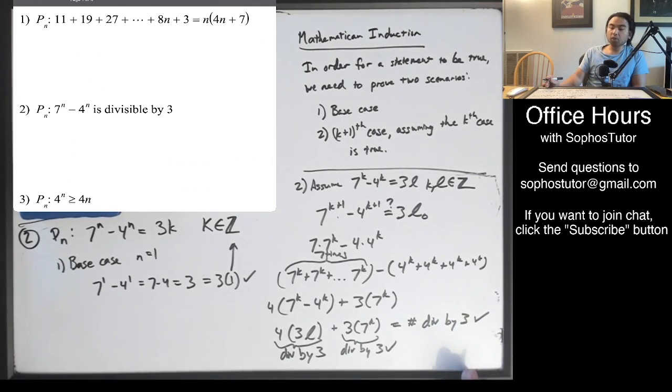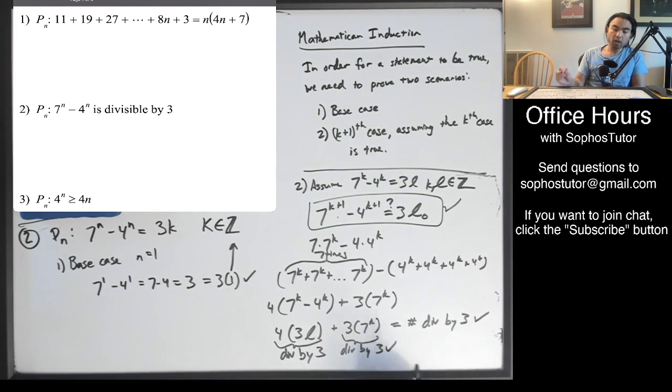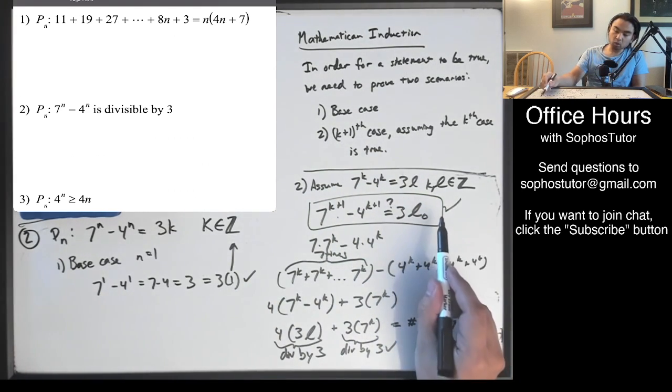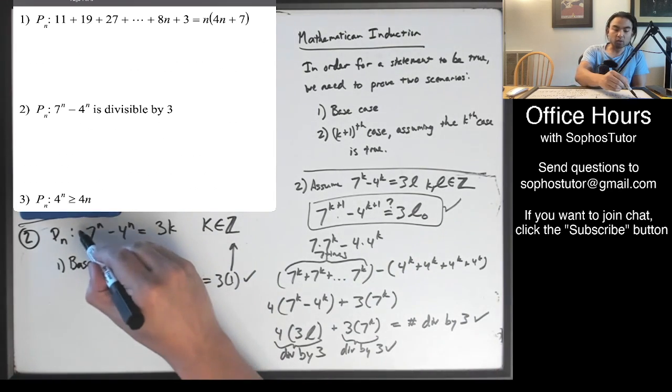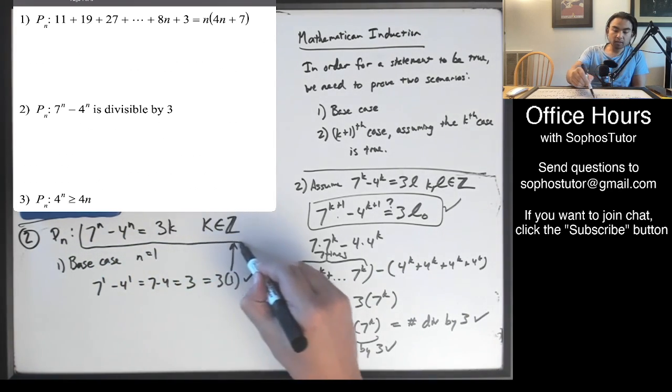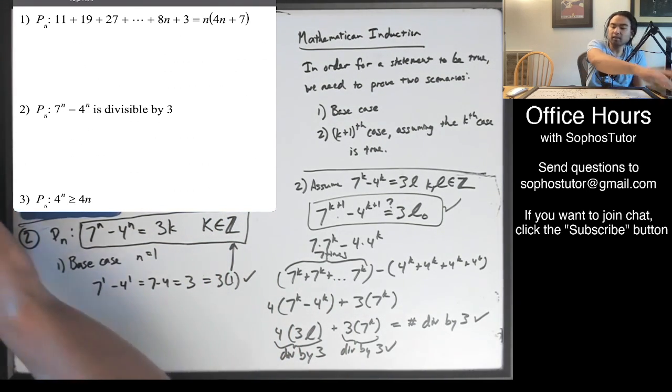And so we know that the k plus 1th case, this statement here, is also true. Our base case is true, the k plus 1th statement is also true, so therefore we know that our original statement here is always true.